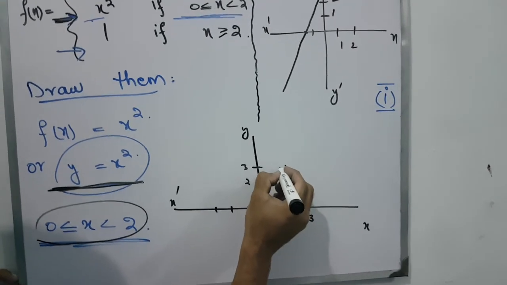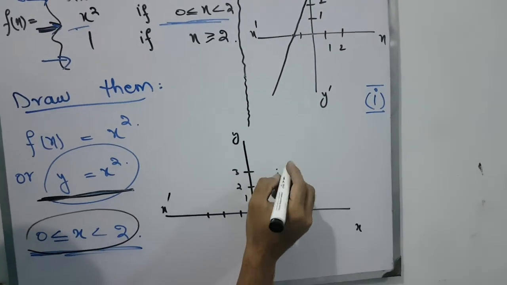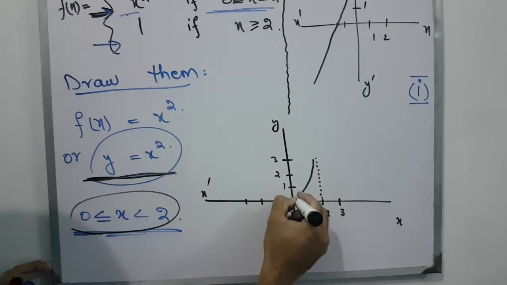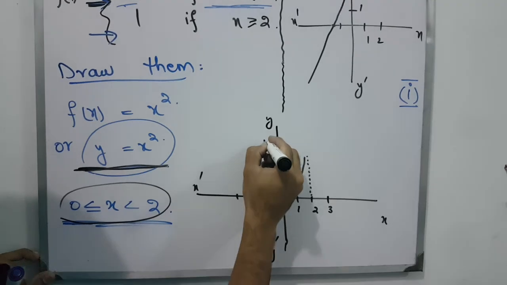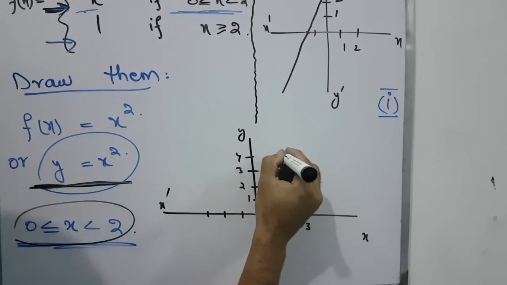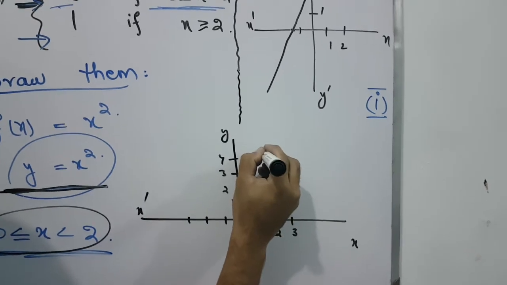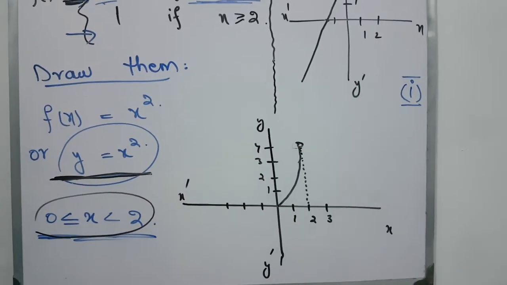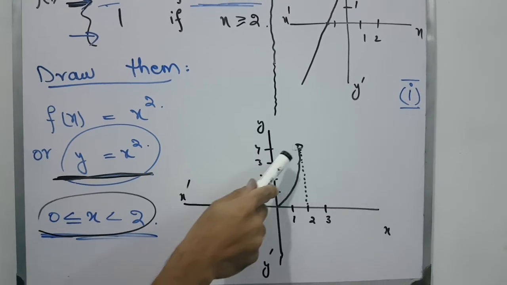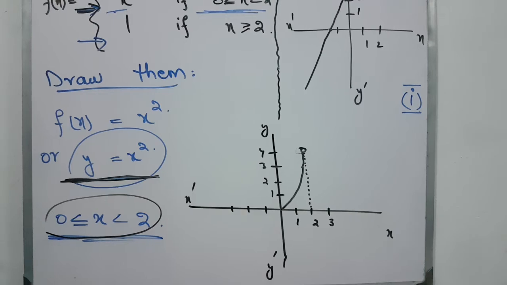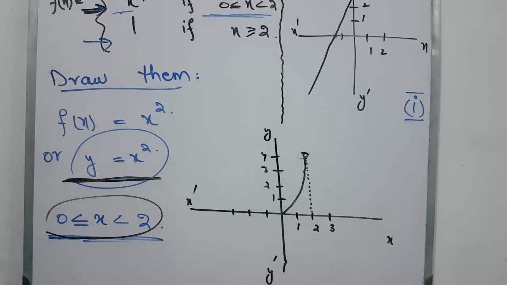So the graph will become like this. You can see that there is an open hole. Open hole means that it is a discontinuous function at that particular point.